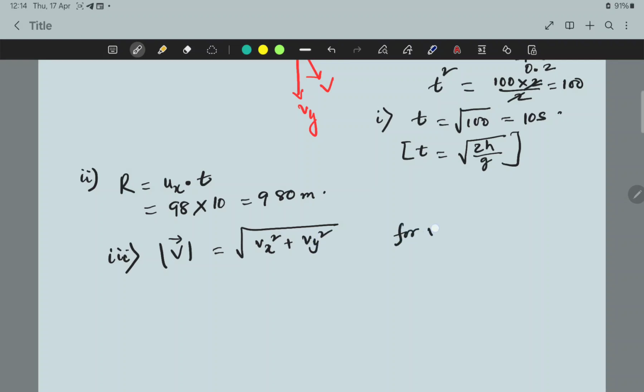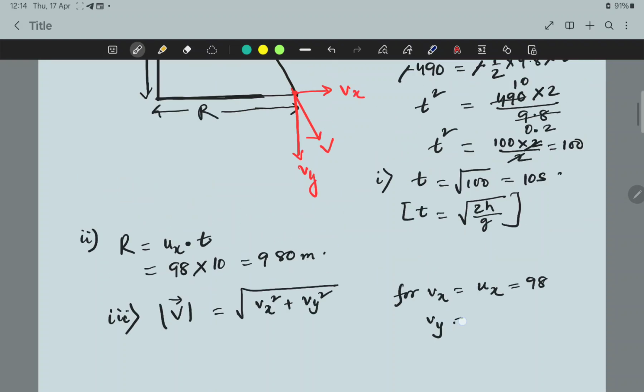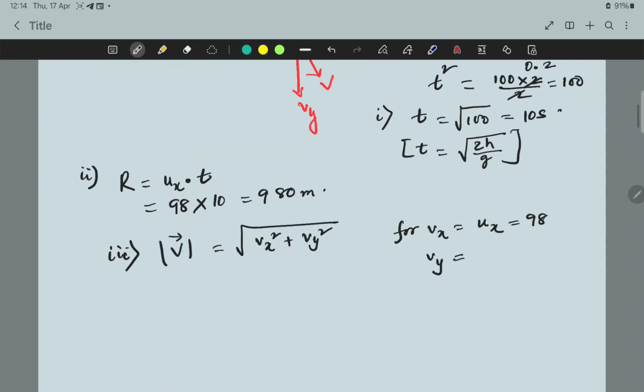For Vx we have ux which is equal to Vx, and that is 98, and for Vy we know that it is obtained by g into t. So g multiplied by t, g is 9.8 multiplied by 10, so it is 98.